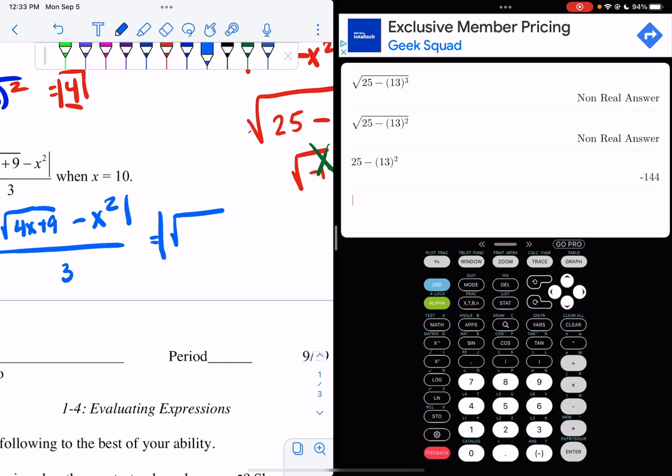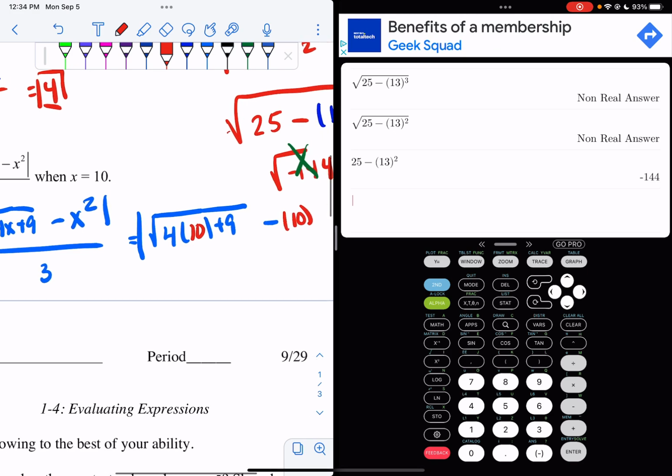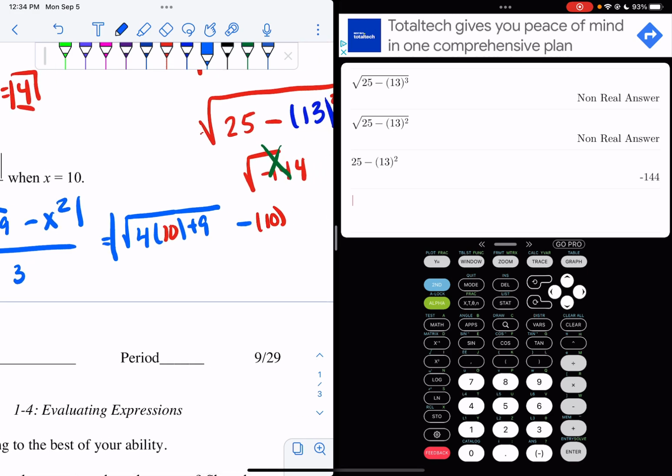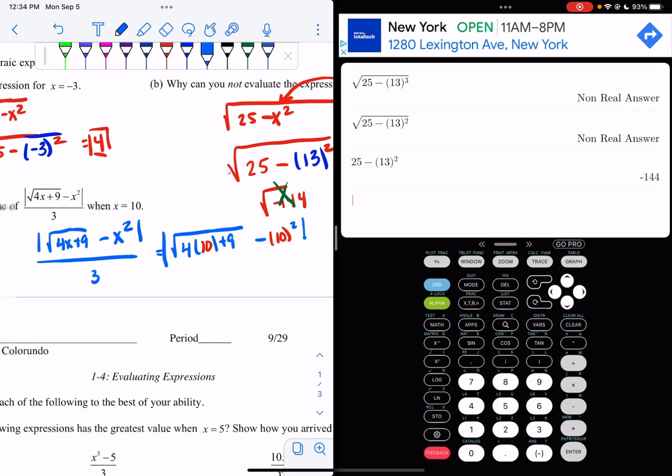So I have the absolute value of the square root of 4 times 10 plus 9 minus 10 squared. And that's all under an absolute value, and it's all over 3.